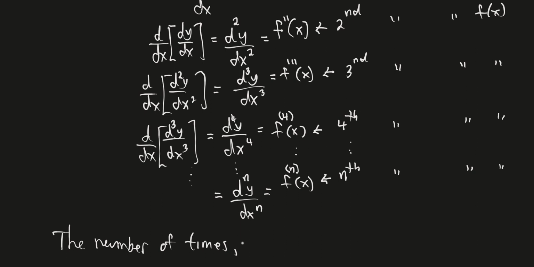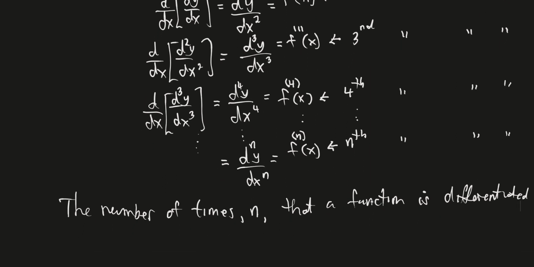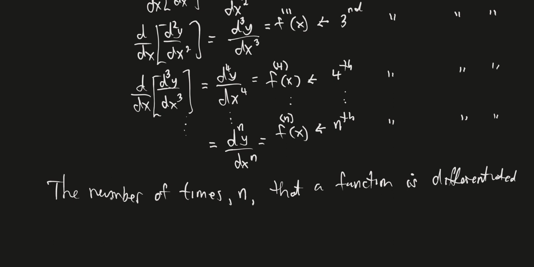So the number of times n that a function is differentiated, that number is called the order of the derivative.